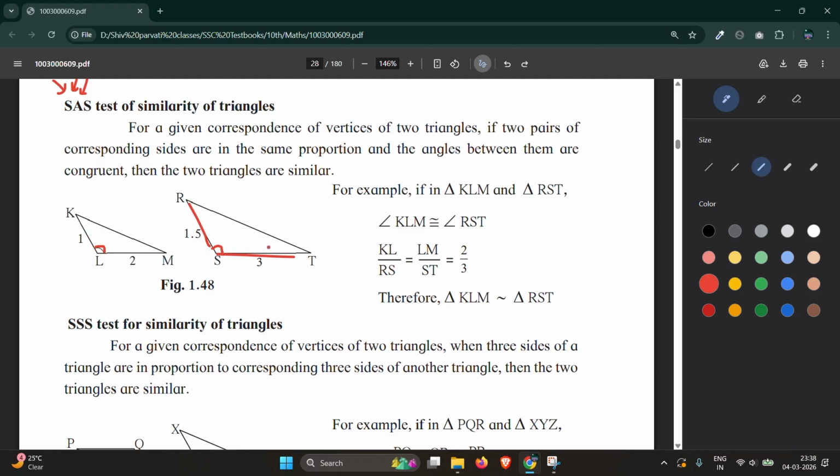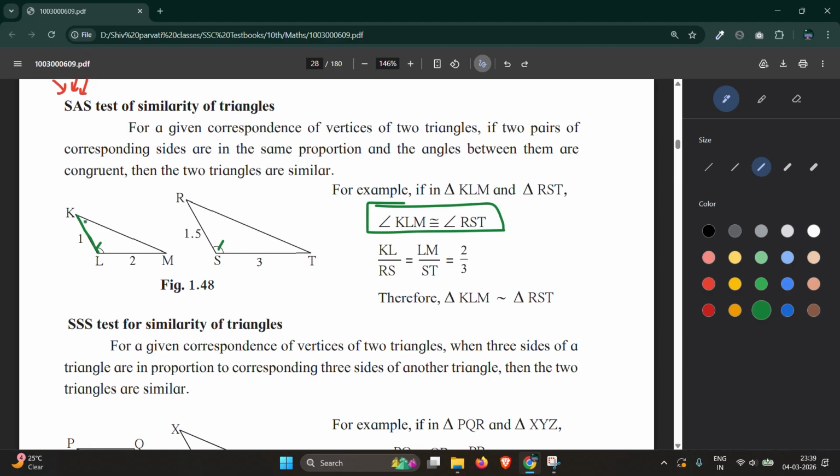So in this example that is given over here, the angle S over here and the angle L over here are the same. So these two angles are congruent. When we write equal to with a S above that, this symbol means congruent, and when we write just this, this symbol means similar.